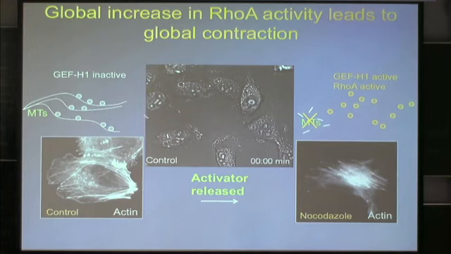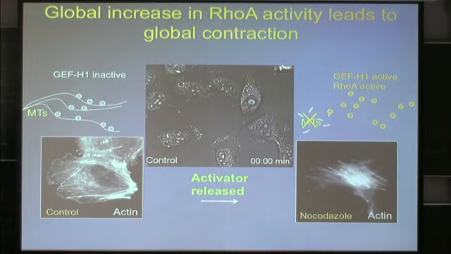But how do we activate RhoA globally? There is a very simple trick actually to do that without having mutant overexpression. One guanine nucleotide exchange factor that activates RhoA, which is GEF-H1, is associated with microtubules, and only when microtubules are intact is this GEF inactive.